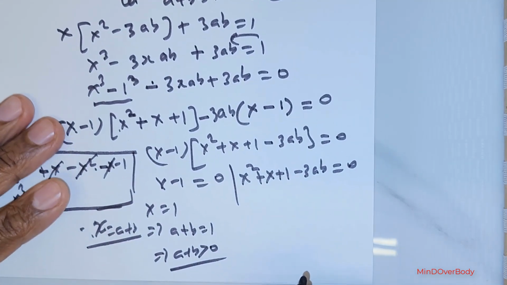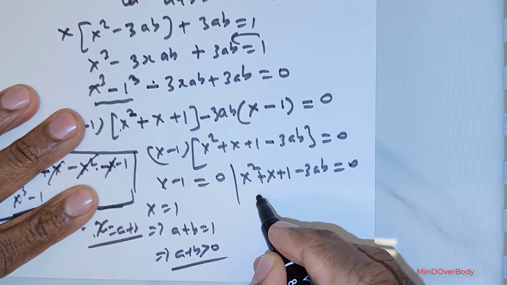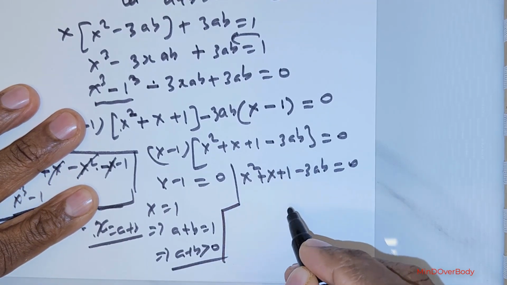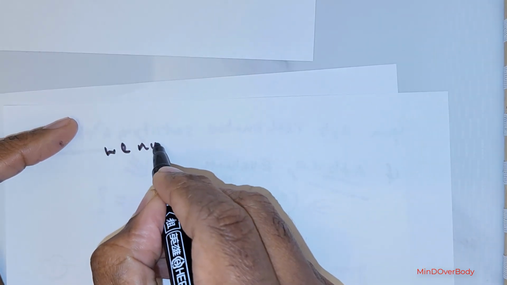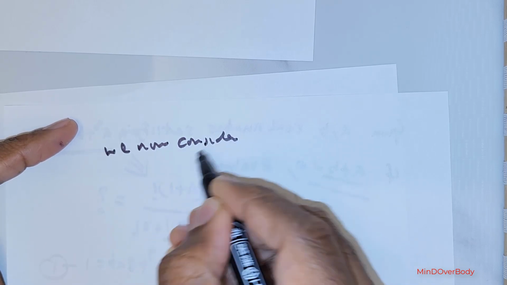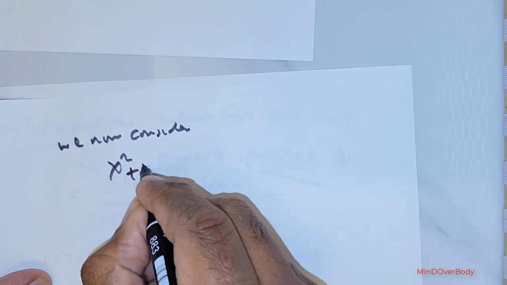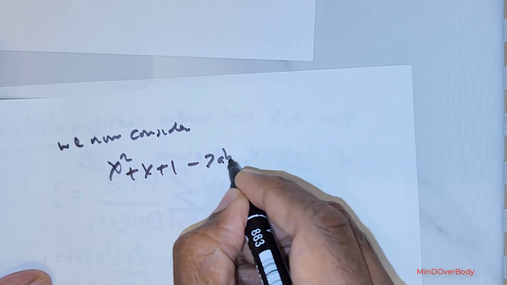We have to check. So now we have this system, right? So let me turn to the next slide. So we now consider x squared plus x plus 1 minus 3ab is equal to 0.